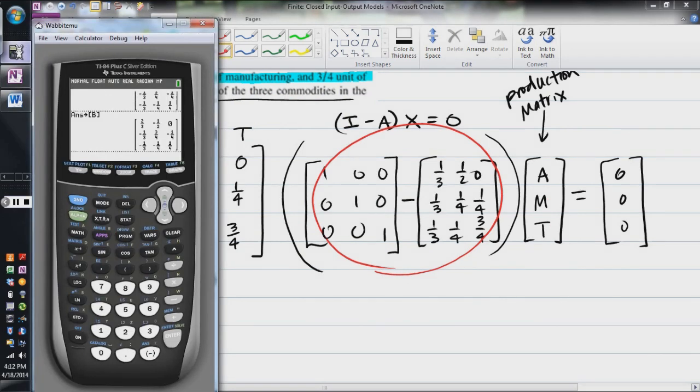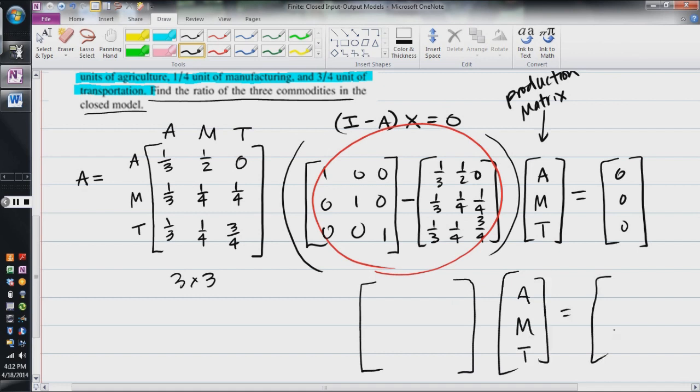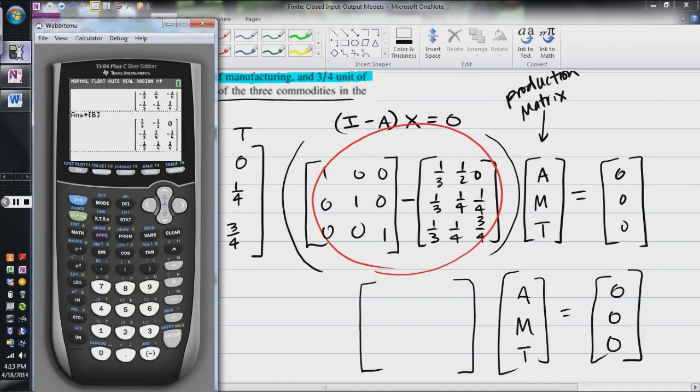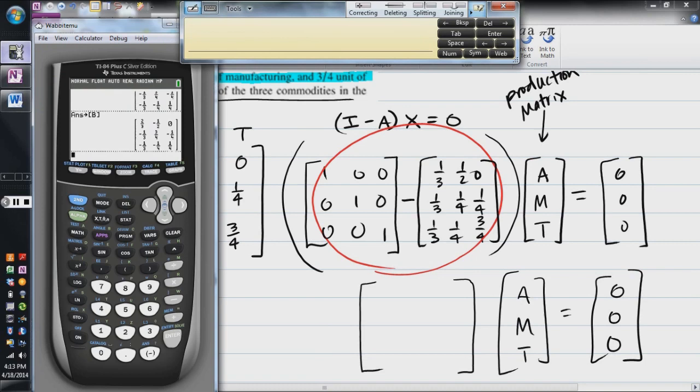And if I look at this, I can fill in this identity minus A matrix.